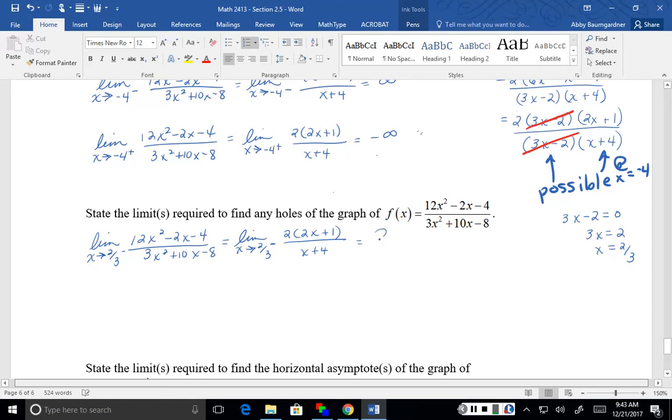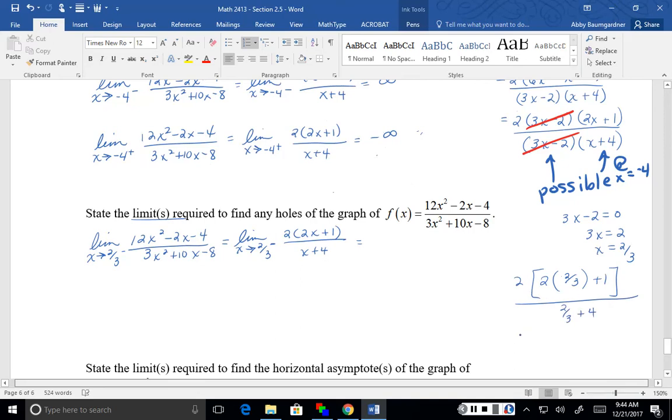If I wanted to know what the answer was, I would now take this 2/3 and plug it in. So I'm going to do that off to the side. I know that I'm just asking for the limits, but this will help me describe how you might see it on the test.